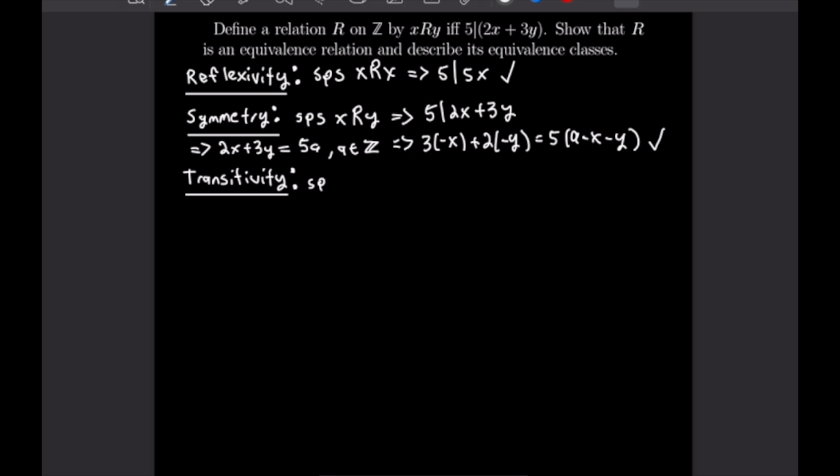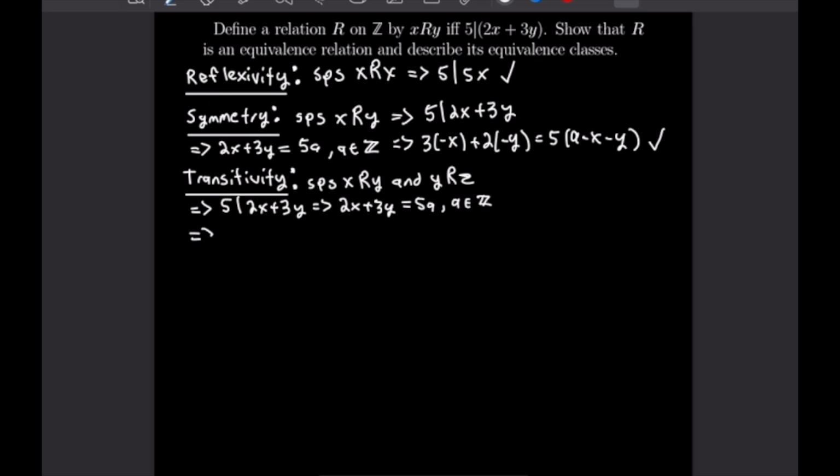So let's begin by supposing that x is related to y and y is related to z. That means we have the following, that 5 will divide 2x plus 3y, which means, of course, that we can write this as 2x plus 3y is equal to 5a for some integer a.